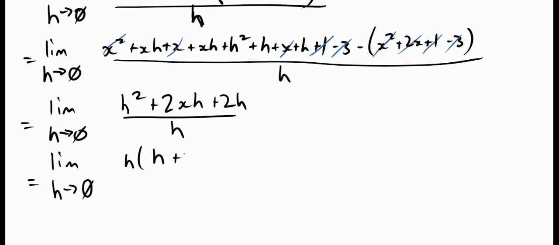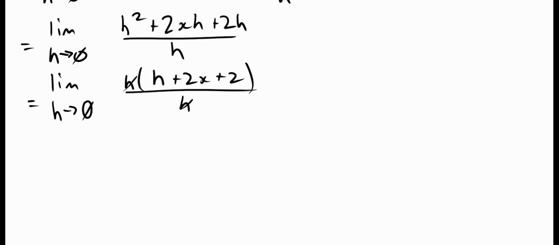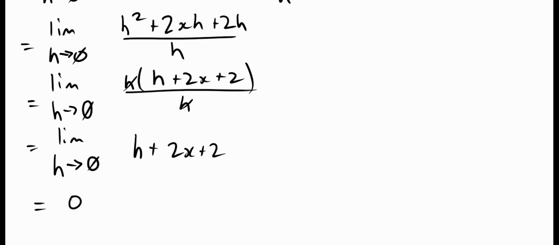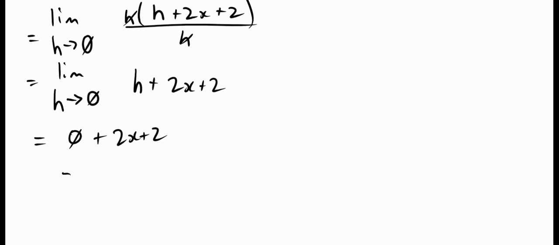So h plus 2x plus 2. Those are gone. Sub in 0 for h. And I've got my expression.